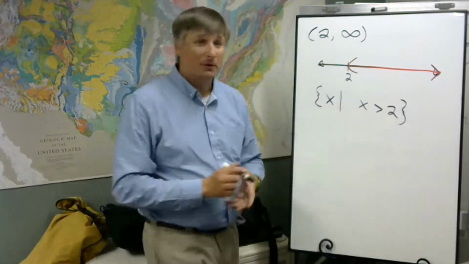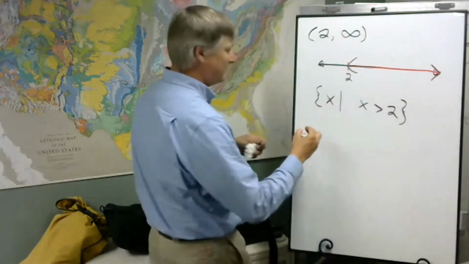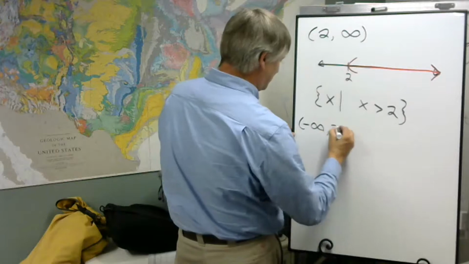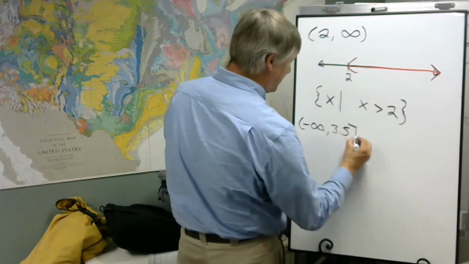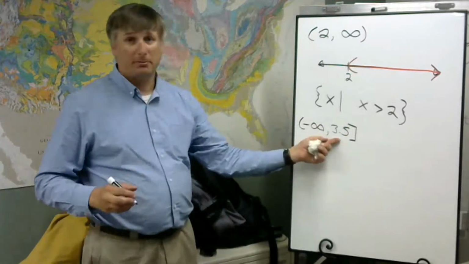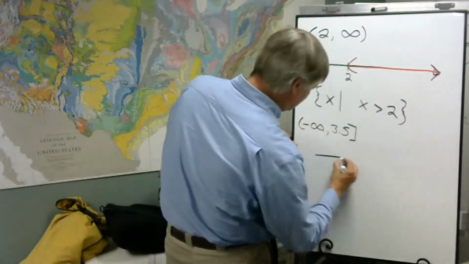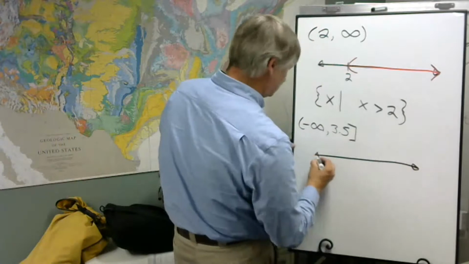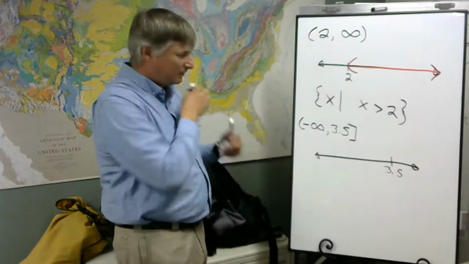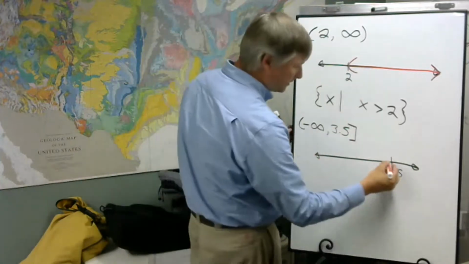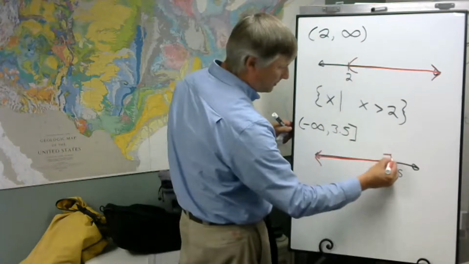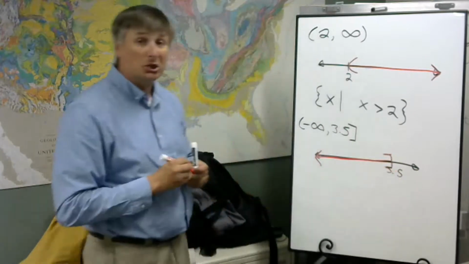All right, so let's take a look at another one. Let's say we have this. Negative infinity, 3.5, but now we've got a bracket. So this means we're including 3.5. So this means we want all the numbers below 3.5, and we're also going to include it.